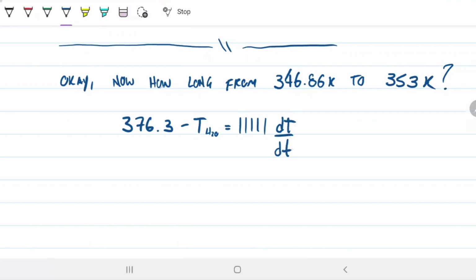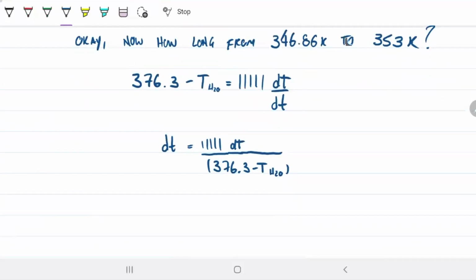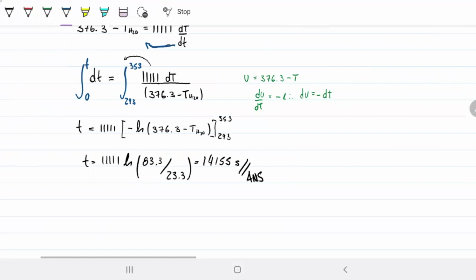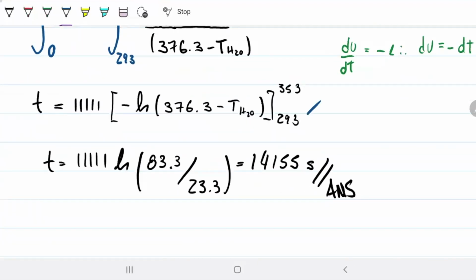So dt equals 11111 dT divided by 376.3 minus T. Obviously, when you do this on an exam, you're not going to do all these steps again. You're just going to grab directly this, right? You can plug in directly this because everything else is going to be the same.